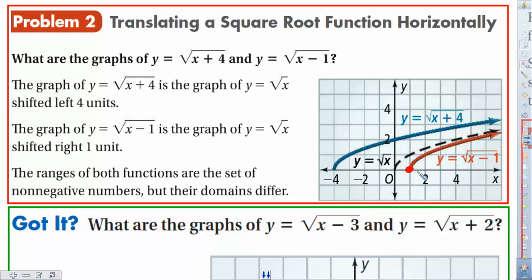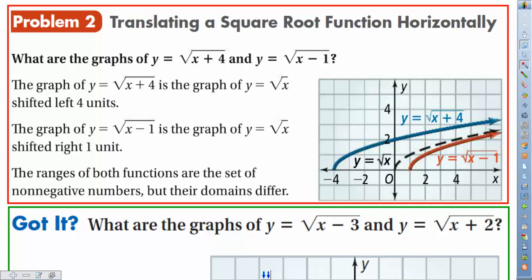Instead, count the squares, because you know what the square root of 1 is. So if I go 1 square to the right, the square root of 1 would put me up 1. The square root of 4, so 1, 2, 3, 4 squares, would put me up 2 more squares, just like that, and so on and so forth. Sometimes you might not be able to get all those to fit. We're going to see that in the next problem down here.